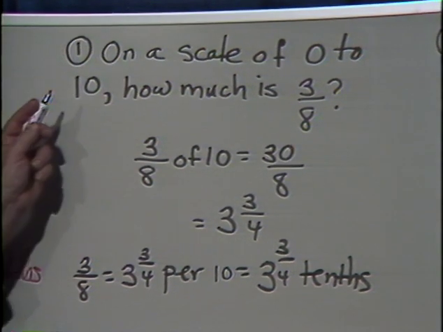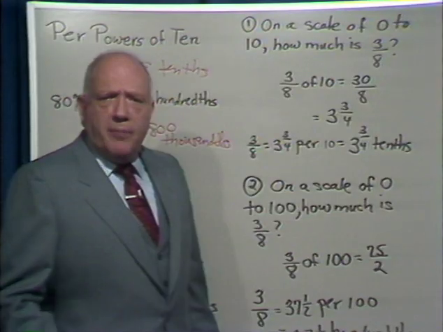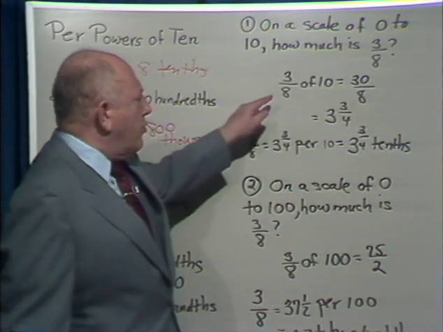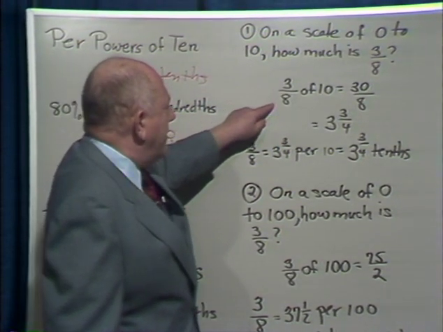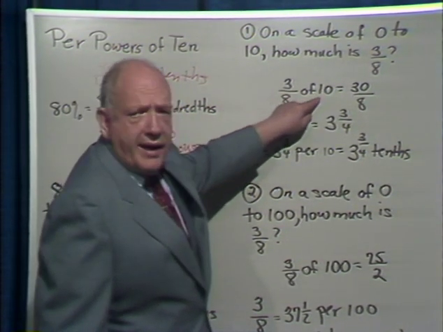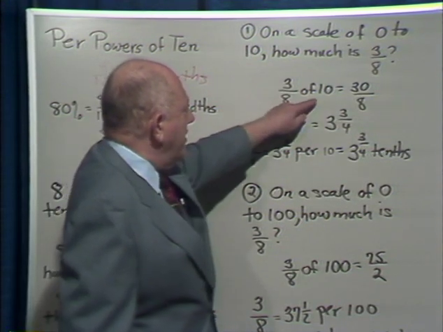First problem today says, on a scale of 0 to 10, how much is 3/8? In other words, if you're going to give a person 3 out of 8, how much would you have given that person scaled up to 10? Well, this problem is quite simple in terms of what we've already learned. On a scale of 3 out of every 8, how much would we take out of 10? That's precisely what we mean by 3/8 of 10.